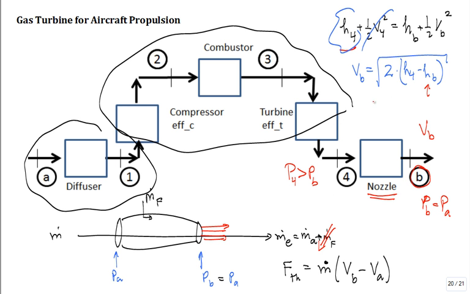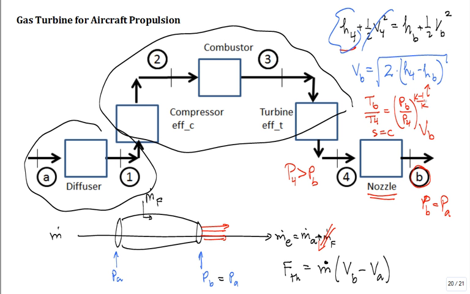So how do I find that HB? Well, you recall that the best flow through the nozzle is S equal to a constant, isentropic. And so what you do is you say that the temperature at the exit of the nozzle divided by the temperature at the inlet to the nozzle is equal to the pressure at B divided by the pressure at 4, to the K minus 1 over K. Ideal gas, isentropic flow, true?